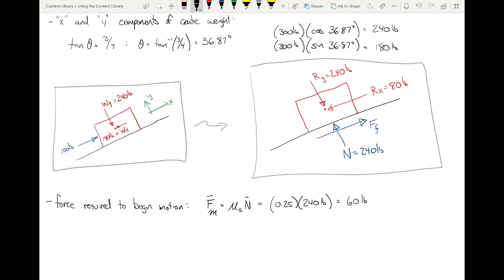The crate wants to tend down the ramp with a force of 80 pounds, and I need to exceed 60 pounds to begin motion. So is it going to move? Yeah, it's going to move. So I'll say Rx greater than Fm, crate is in motion.